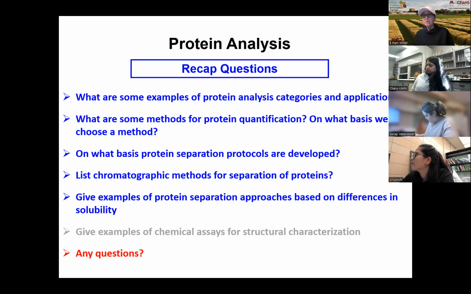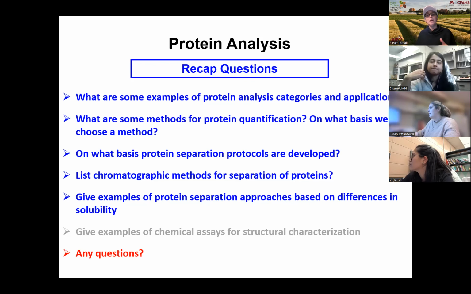It has to be mostly a solution of protein, with minimal interfering substances, especially if we want to use BCA. Charu was right. We shouldn't have a high amount of any reducing contaminants other than the protein itself, because it's based on the reducing power of the peptides.